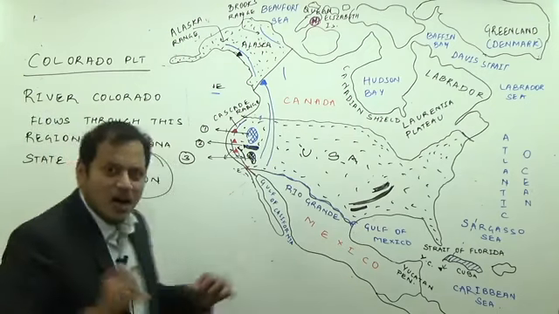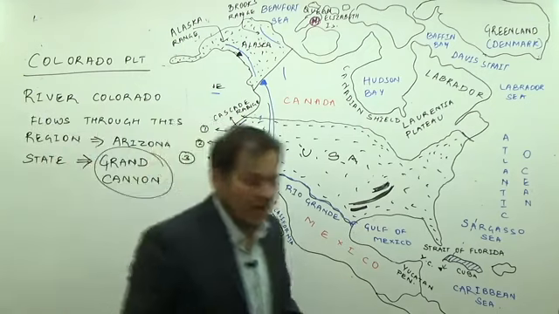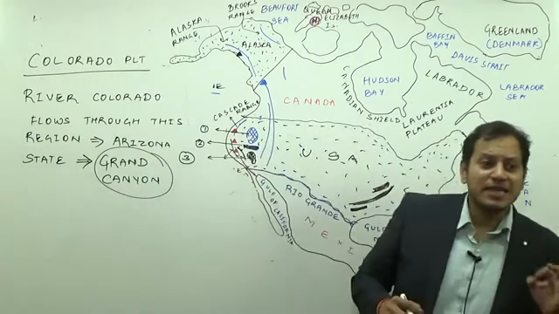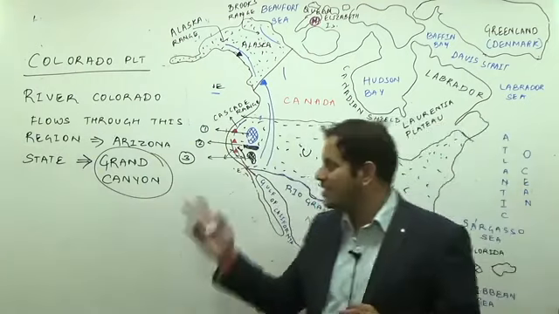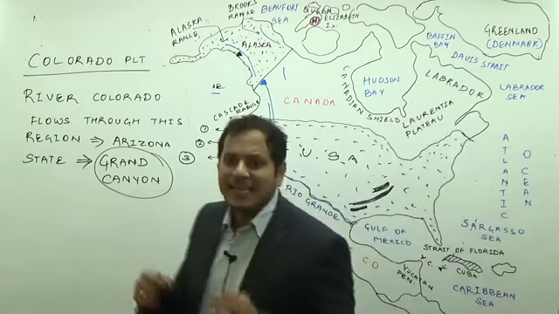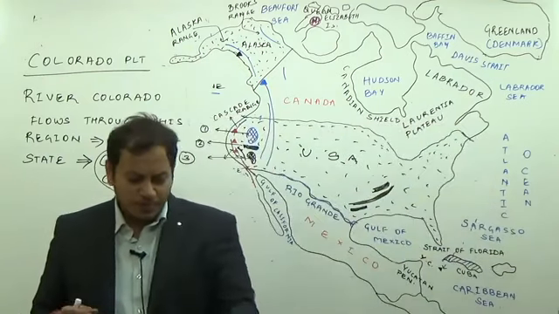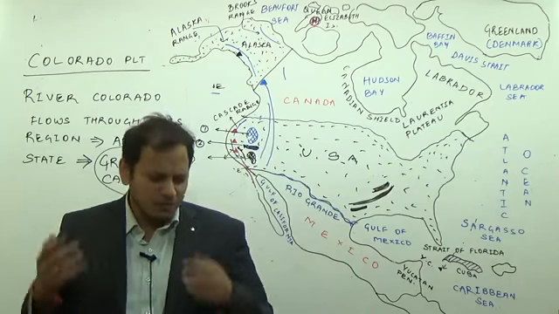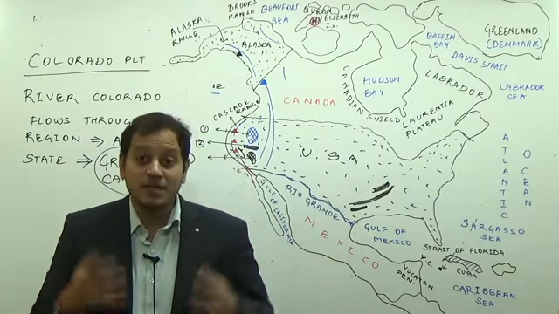What is a canyon? A very deep V-shaped valley formed by the rivers in arid and semi-arid regions. So it forms a Grand Canyon here.